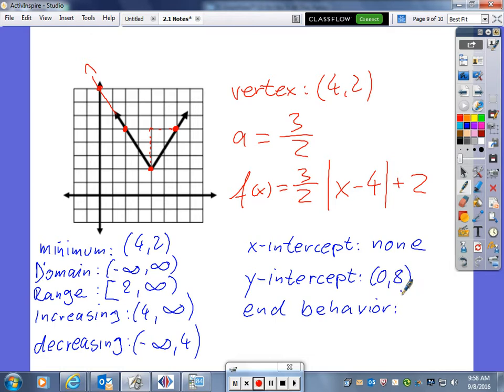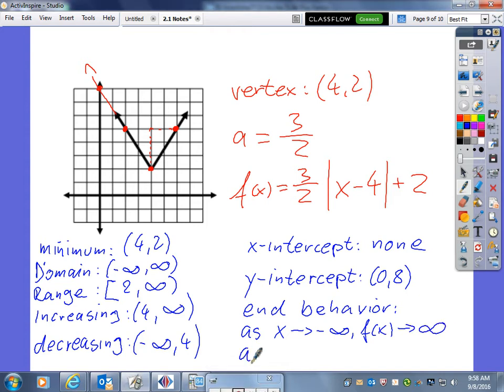And let's also not forget our end behavior. As x goes to negative infinity, f of x goes to positive infinity, the arrow points up. And as x goes to positive infinity, f of x again also goes to positive infinity.